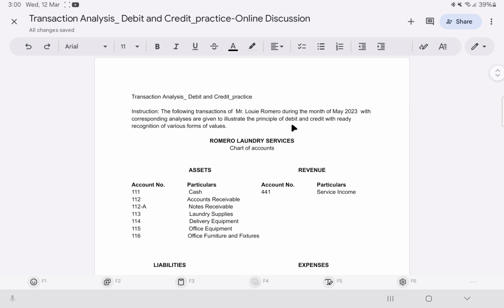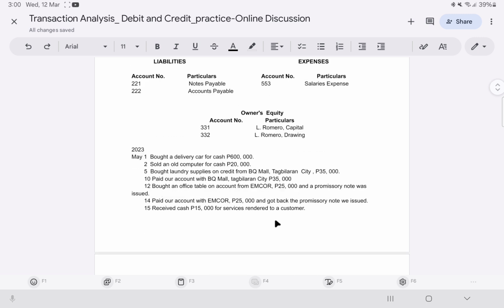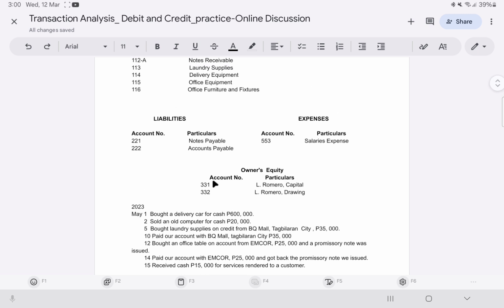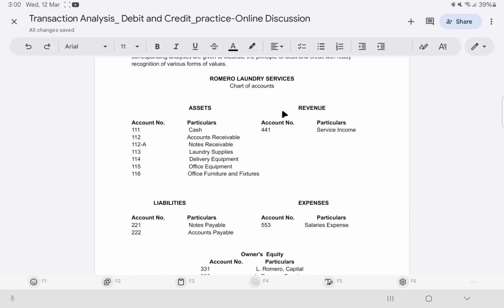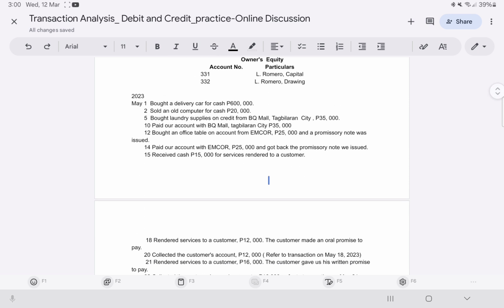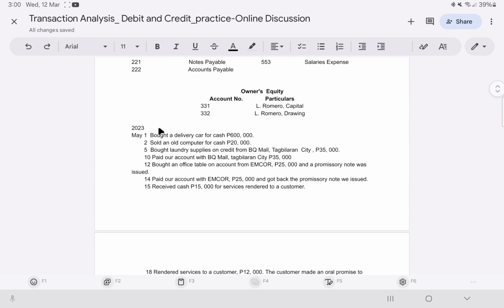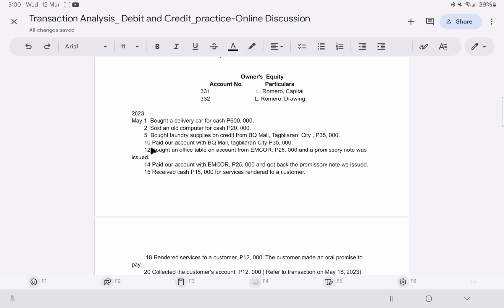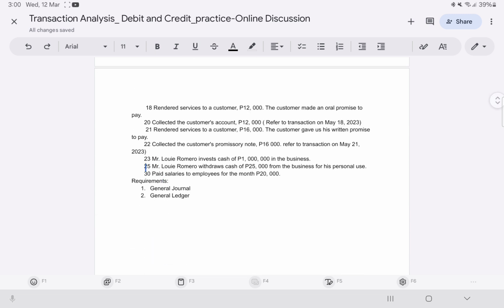As I repeat, all the transactions in the general journal should be based on the Romero Laundry Services chart of accounts. So, this chart of accounts, and we're going to follow the transactions from May 1 until May 30.